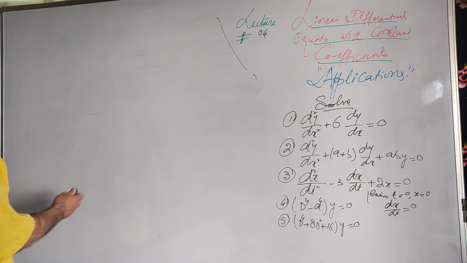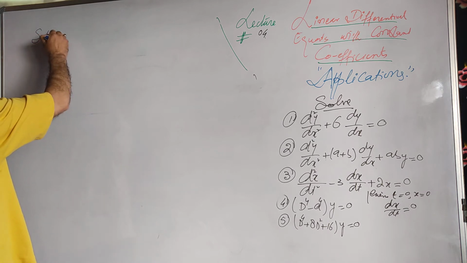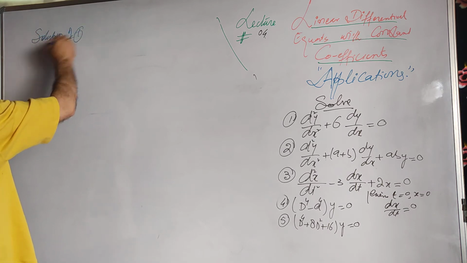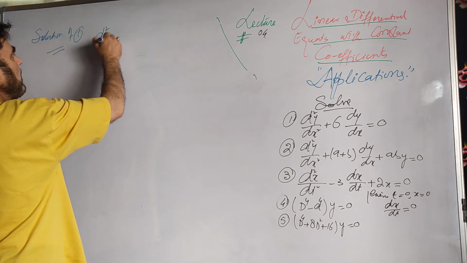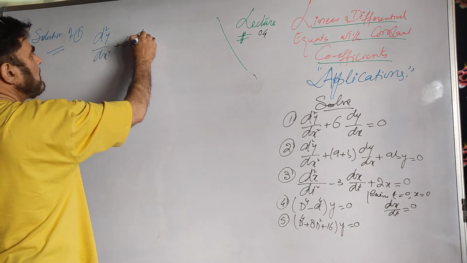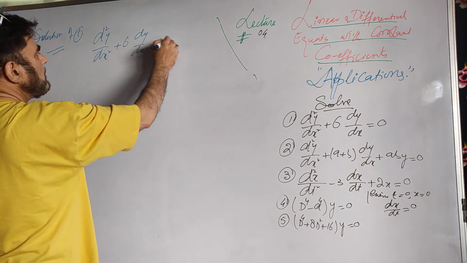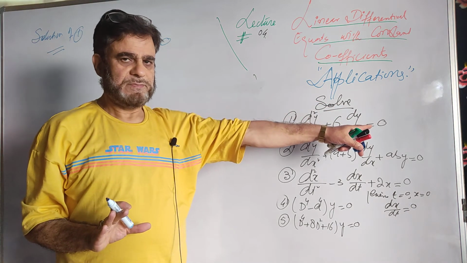Well, I will take the solution of the first one. It is d2y by dx square plus 6 dy by dx is equal to 0. We are doing at this time that part where the right side is 0.